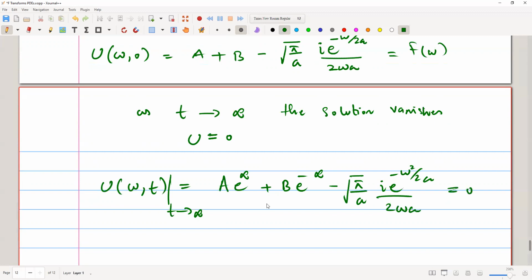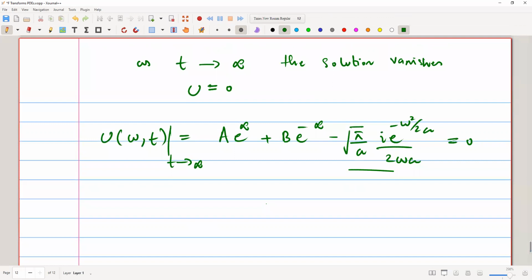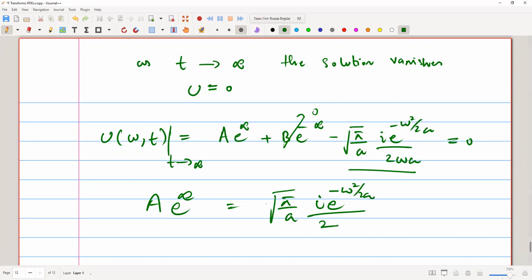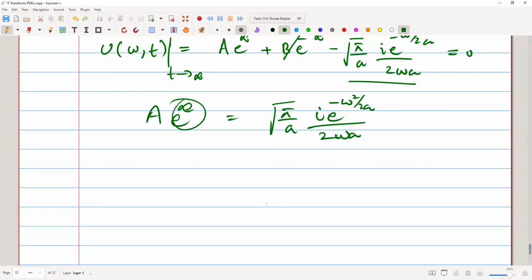This is equal to 0. So we can shift this to the right side. Now this will be 0, and this will be a e to the power infinity equals square root pi over a iota e to the power negative omega squared over 2a over 2 omega a. Now if I shift this infinity to the denominator on the right side, then we are going to get a equals 0, right? Because this infinity in the denominator will make the whole term 0.